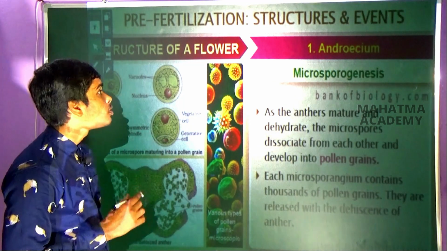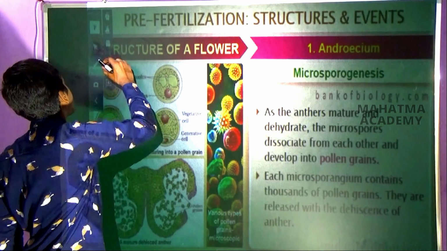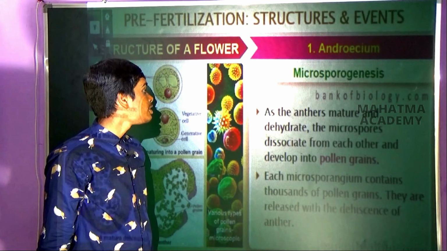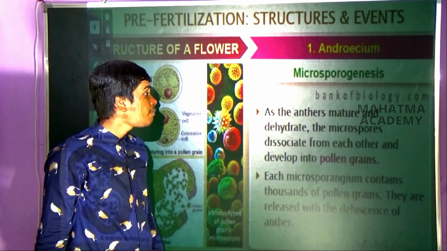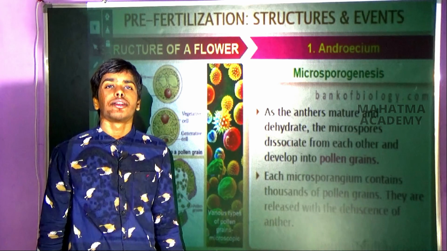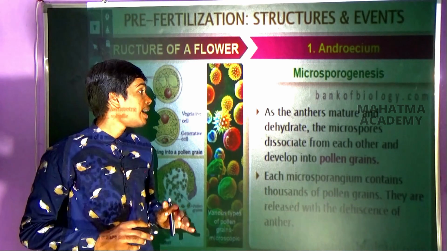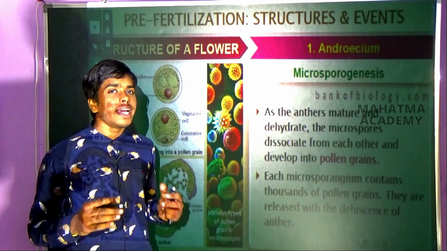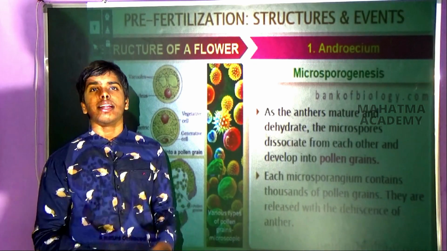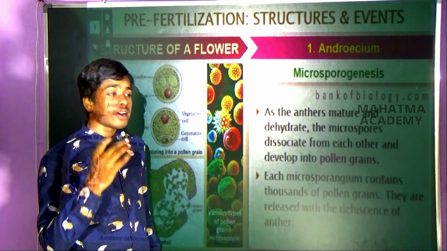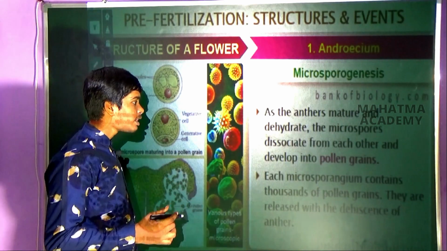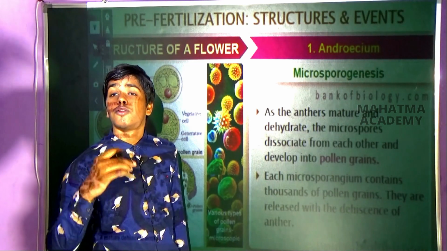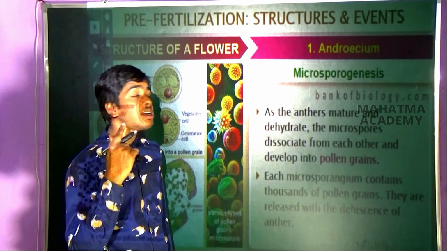As the anthers mature and dehydrate, the microspores dissociate from each other and develop into pollen grains. So it releases 4 pollen grains from a single cell, since one cell contains a microspore tetrad.